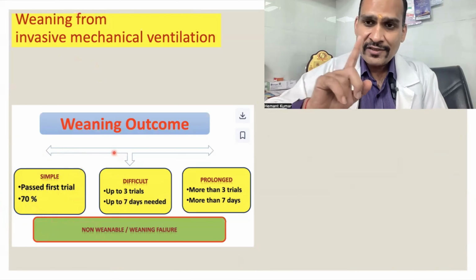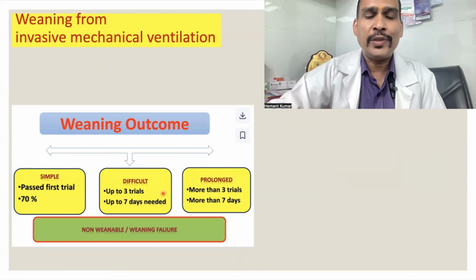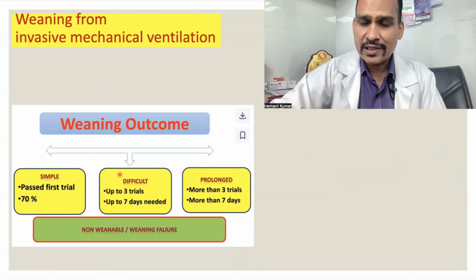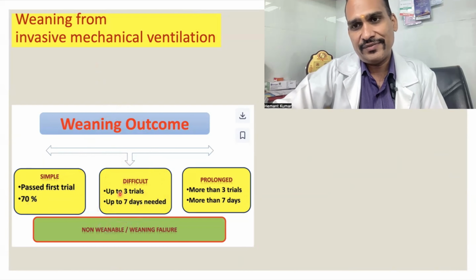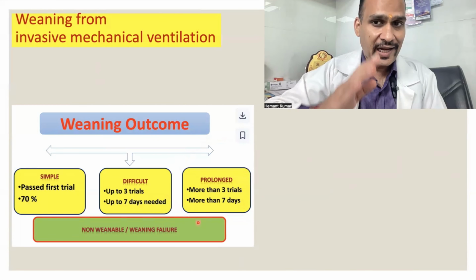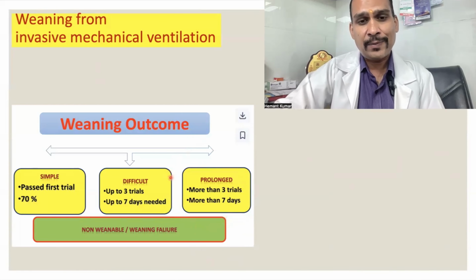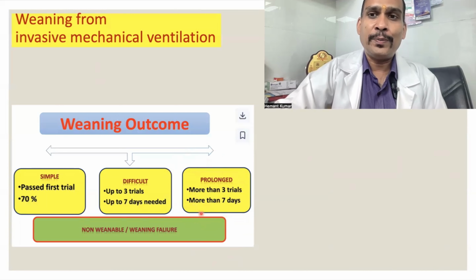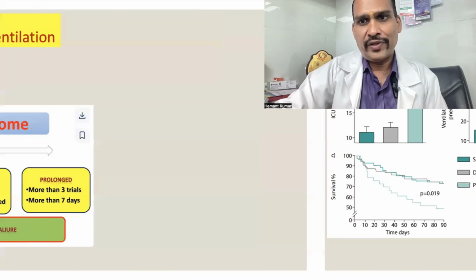If the first trial fails, but in the second or third trial, or within 7 days, you are able to extubate the patient, this is difficult weaning. But if you require more than 3 trials or more than 7 days to extubate, then this is called prolonged weaning. So simple, difficult, and prolonged weaning.